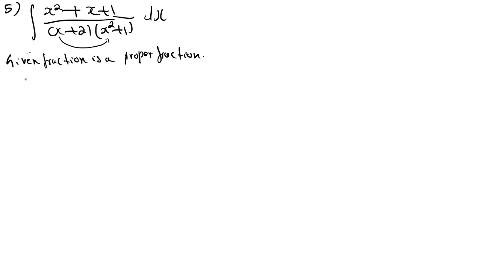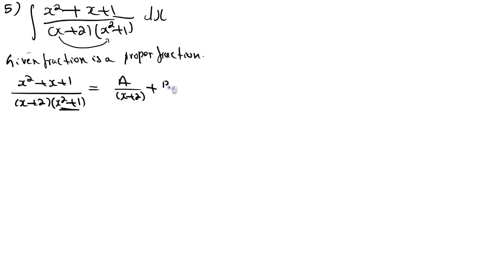So consider that one, x square plus x plus 1 divided by (x plus 2) into (x square plus 1). We already solved some problems like this, right? X square plus 1, further factorization is not possible. So you need to write a divided by x plus 2 plus bx plus c divided by x square plus 1. Okay, now simplify this partial fraction.